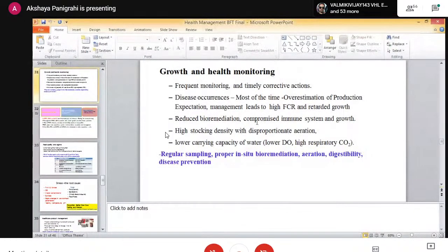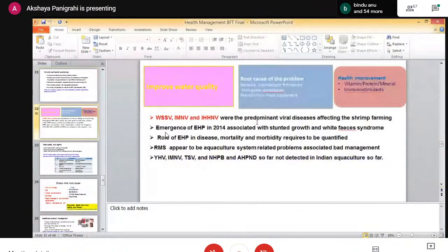Then growth and health monitoring, and disease occurrence. Most of the time we try to add more feed because we overestimate the expected production. There is a carrying capacity, and it cannot handle beyond that. So by regular sampling you can know whether it is going properly.